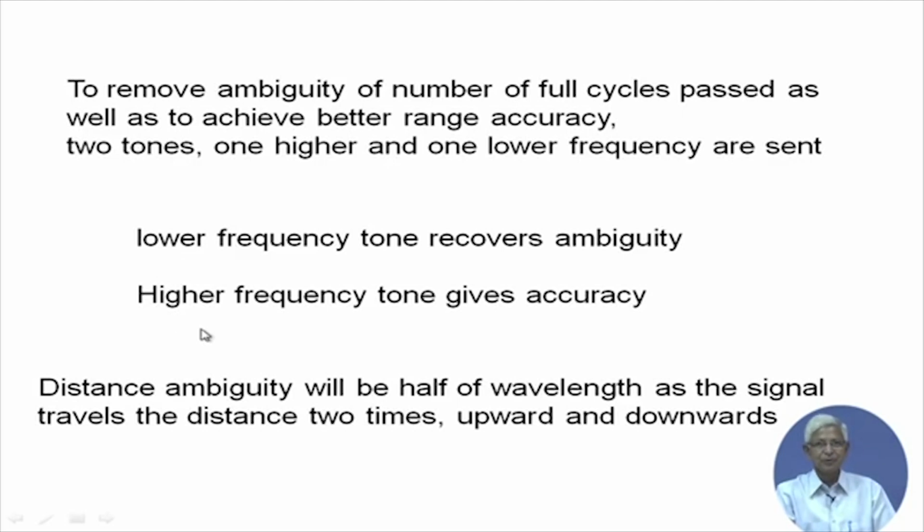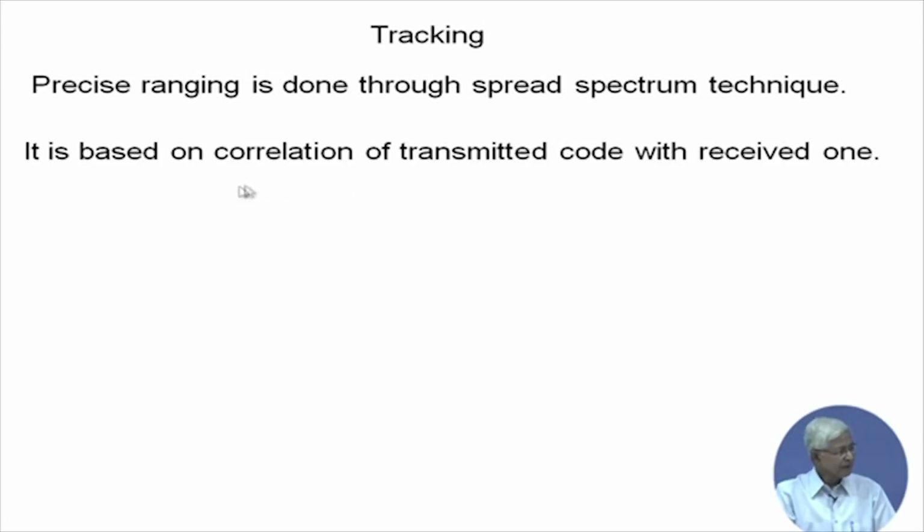This is on the tone, but nowadays in digital systems we get a much more precise way of doing it, that is by sending some code, through a technique which is called spread spectrum technique. So we have a tone which is actually a digital tone.